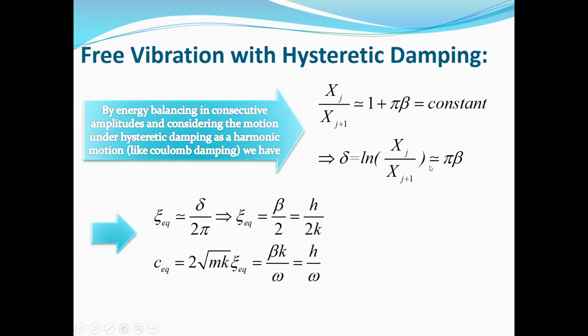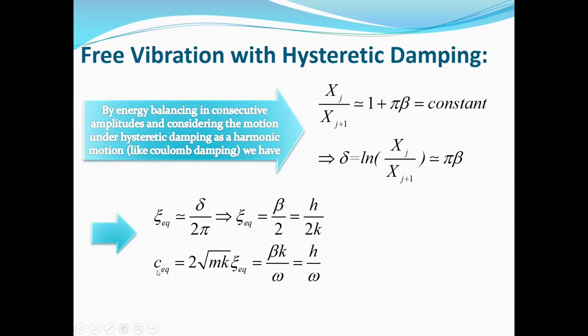Now we can simplify, using the relation between psi, which is the damping ratio, and delta, the logarithmic decrement, and find an equivalent damping ratio, which is equal to h divided by 2k, or beta divided by 2.